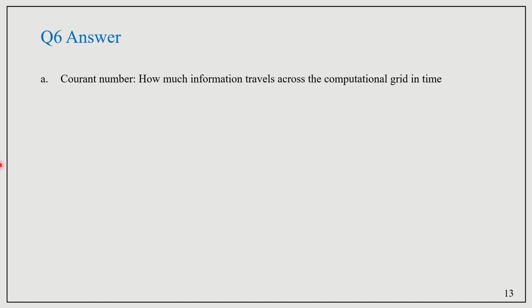In the question, what is asked is about the Courant number. The Courant number decides how much information travels across the computational grid in time. So in that particular time interval, how much information is being transferred across the computational grid. It depends on velocity, delta t and delta x.